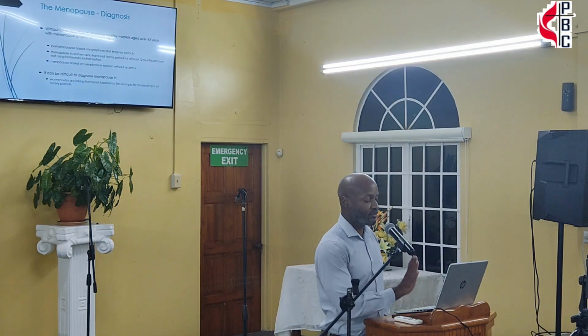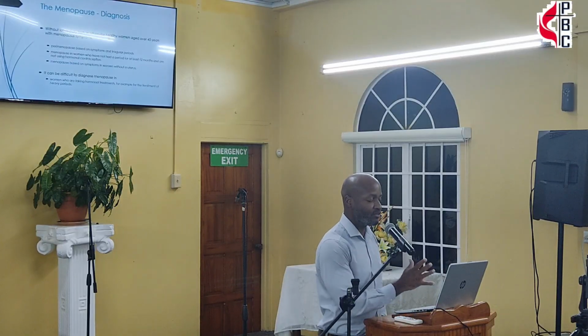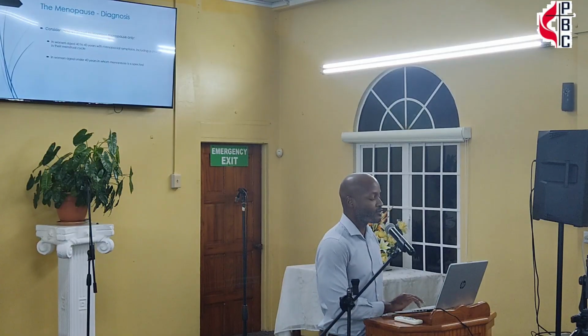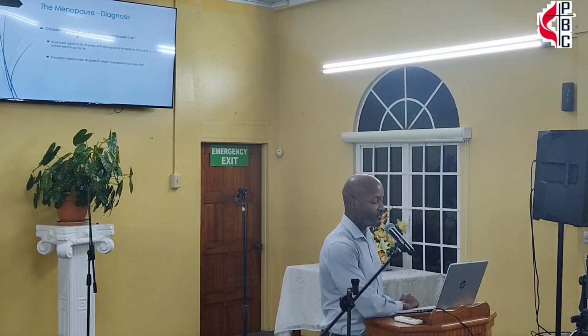This slide is just for women over the age of 45. So we use this test called the FSH for women in whom we suspect menopause. Let's say, for example, you have a Mirena inside and you are 52 years old.